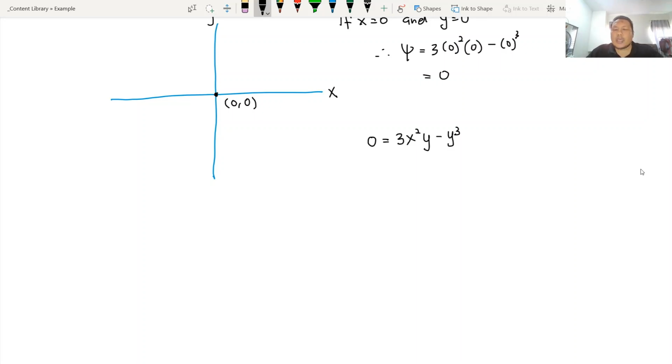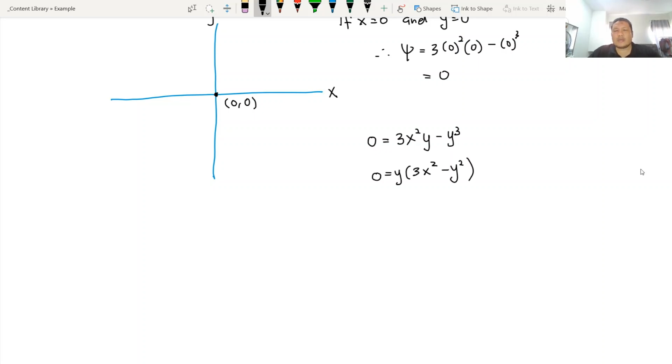We can simplify this, so 0 equals y times (3x squared minus y squared).